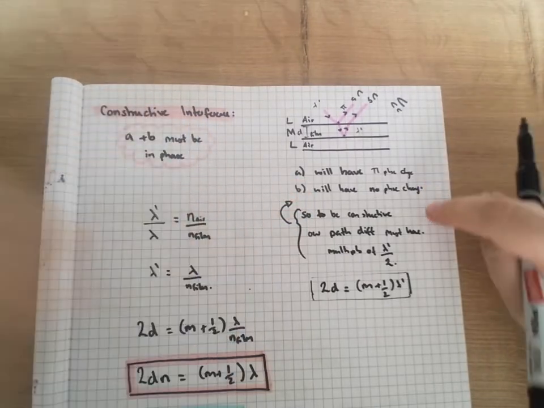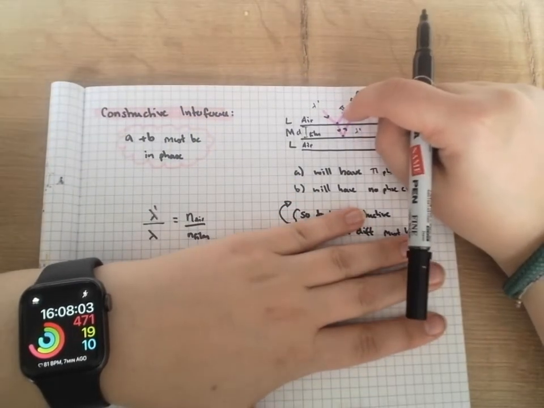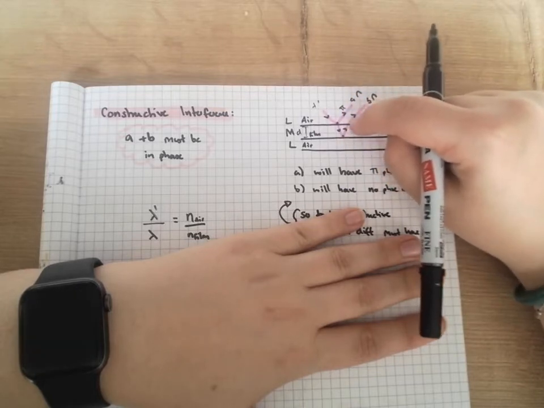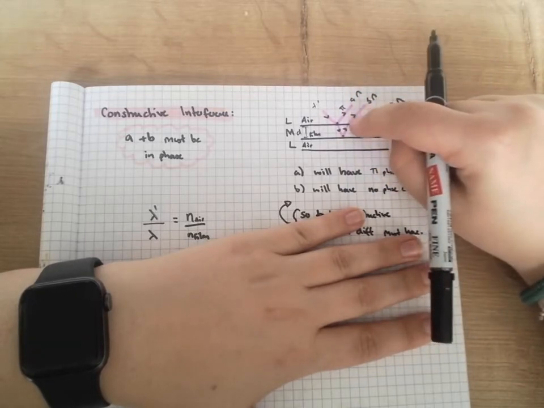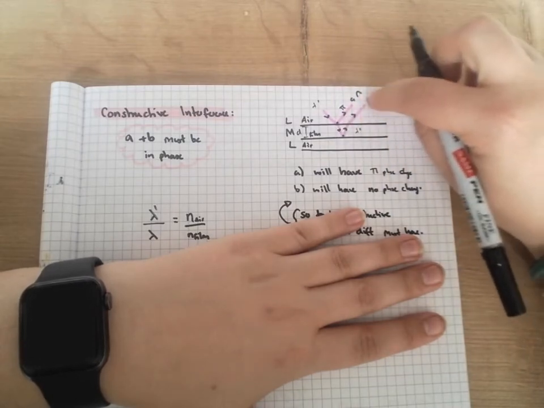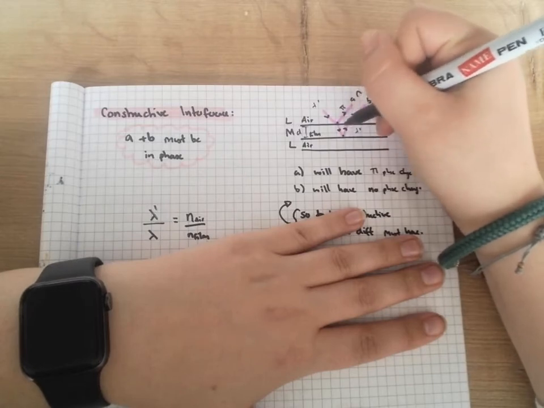Now, to get constructive interference, I've got this being a pi phase change, and this is now out of phase with line B. So to make these approach and be back in phase together, the path difference becomes really important here.